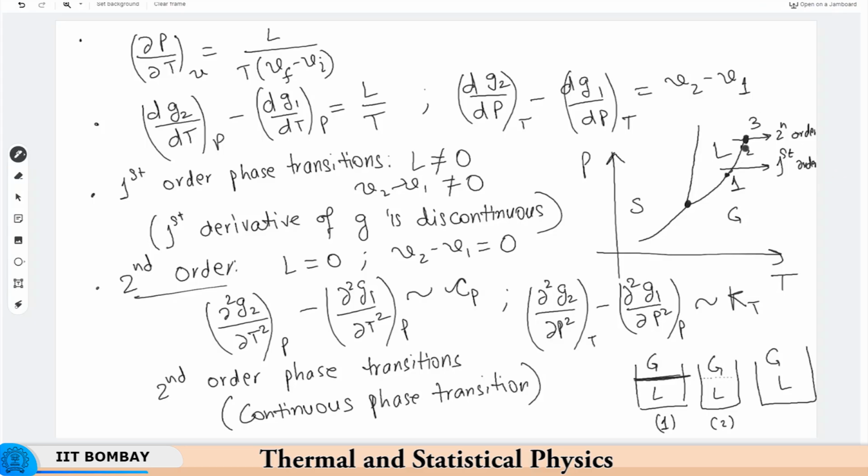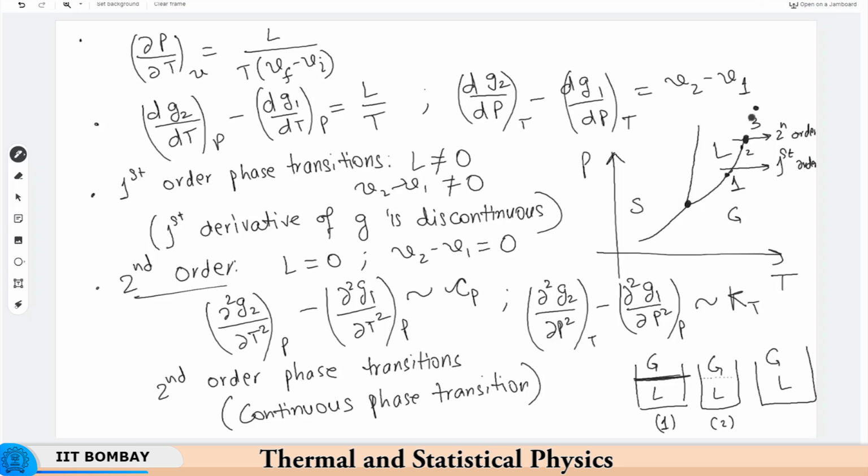And if you continue to increase your pressure and temperature, say you come to point 4, then there is no transition because there is no distinction between liquid and gas phase. So I just wanted to tell you that when you cross the solid line on the phase boundary, that is a typical first order phase transition, but when you cross a critical point, that is the second order phase transition.